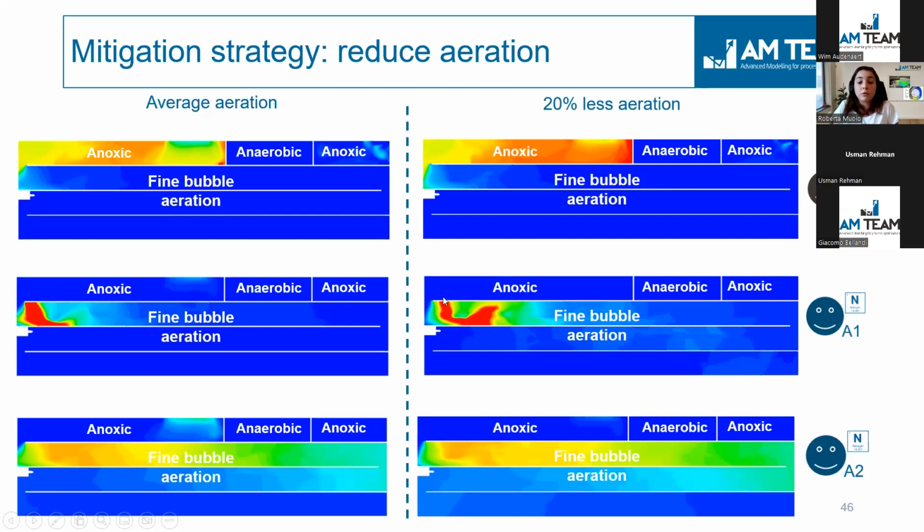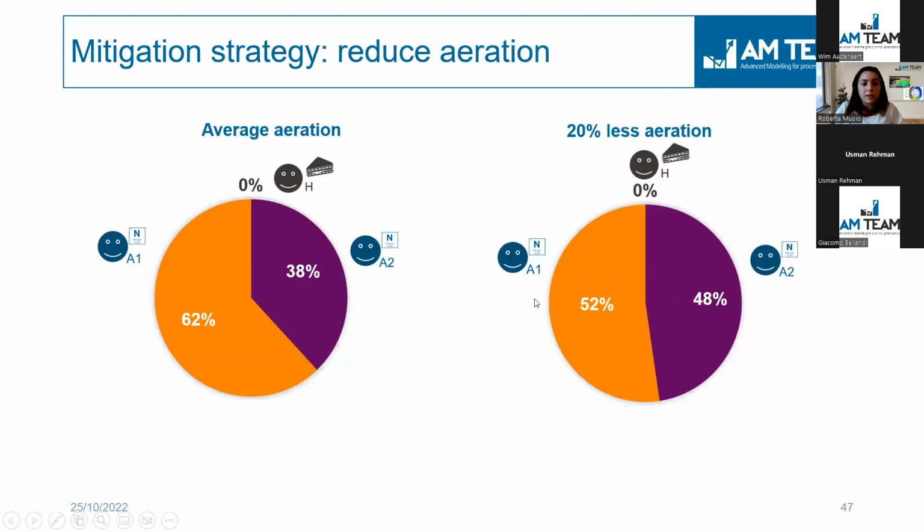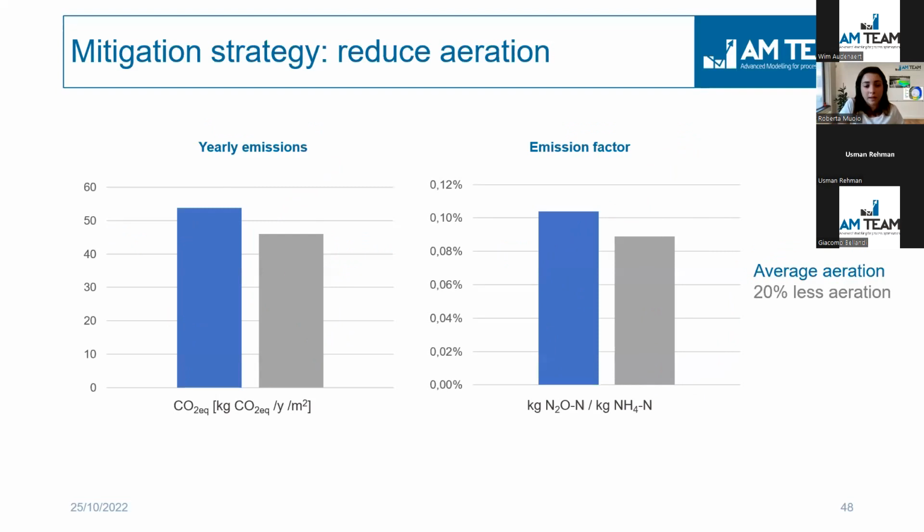And the same happens for the A2 process, because our ammonia lives a bit longer in the system, and therefore you end up enhancing this pathway. So again, quantifying the root causes, what we see is that in case of 20% less aeration, it's basically half and half. All the N2O is produced by the autotrophs, and it's spread equally between the two pathways. With average aeration, we have slightly more production with the A1 process.